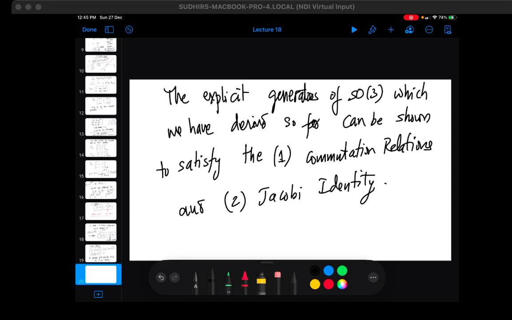Only then will the group remain a group, because only then does it satisfy the group multiplication law. Finally, there is also one more identity, called the Jacobi identity, which has to be satisfied for the set of transformations to be called a group.